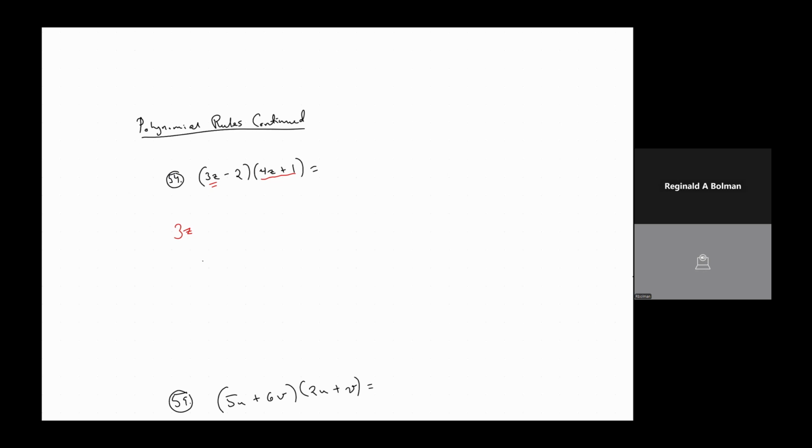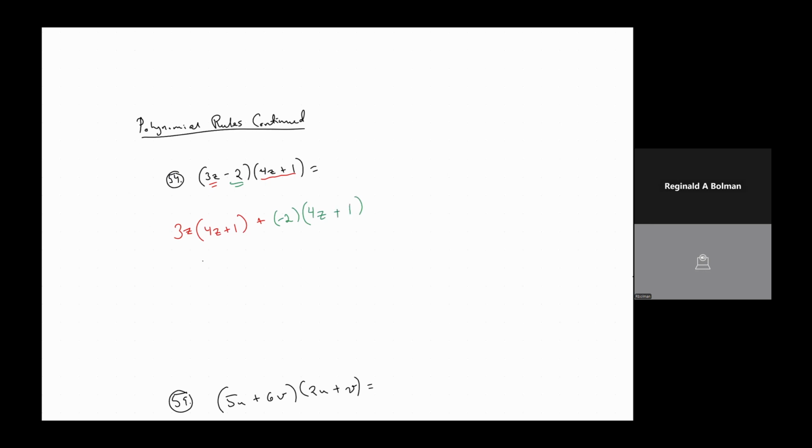So in this instance, I'm going to multiply 3z across the entire quantity 4z plus 1. Now, what's interesting here is I'm going to add to this quantity, in this instance, -2, or my second term, multiplied with that second set of parentheses, 4z plus 1.